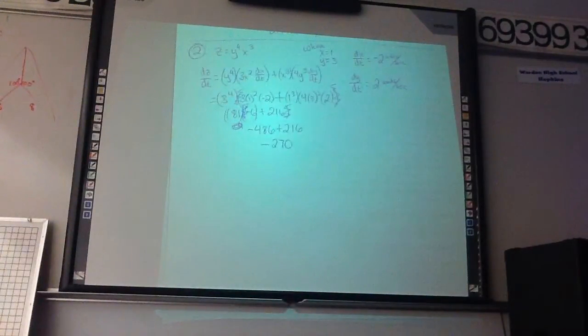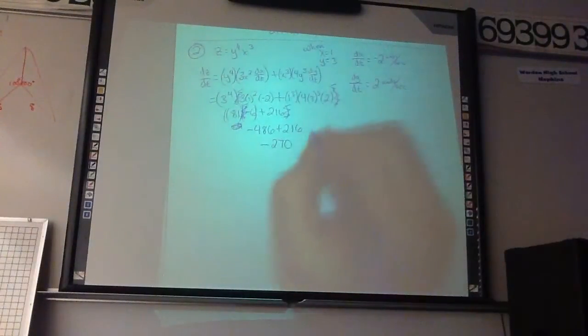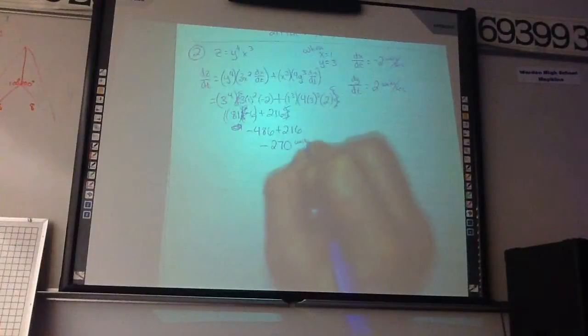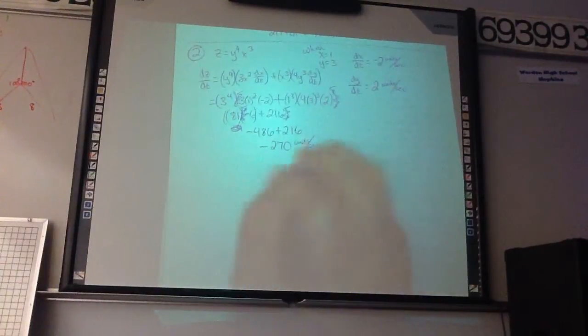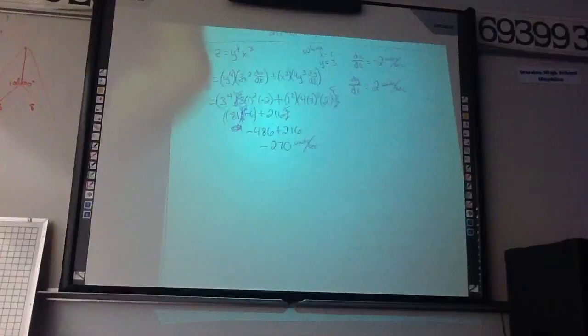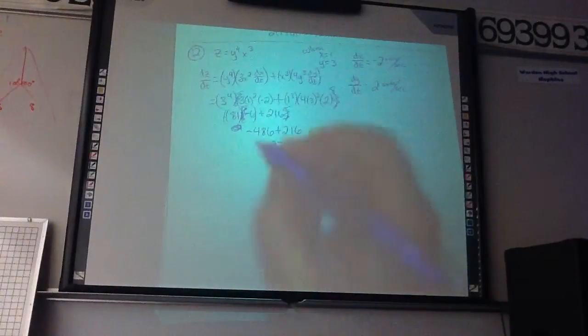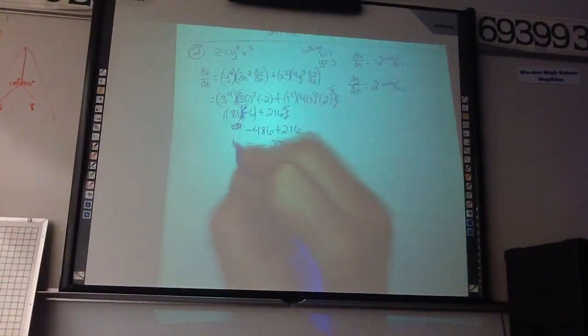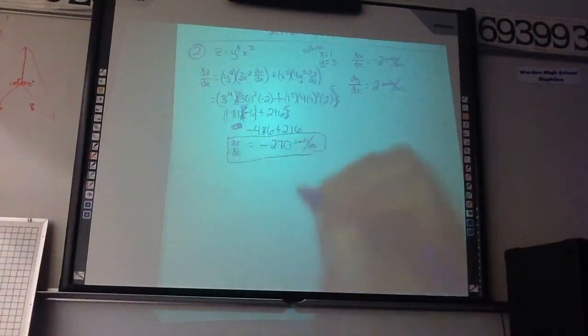Negative 270? I didn't get that far. I just finished putting everything in the right order. I think it's negative 270. No, it's positive.